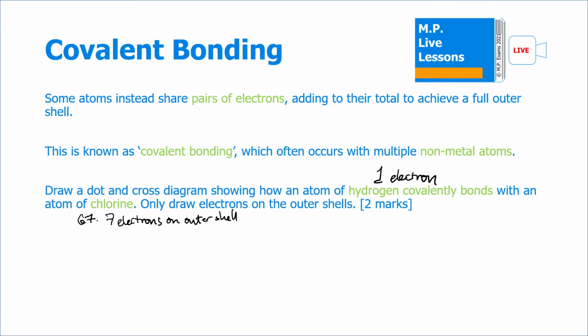Now that we know that, we'll draw our atoms in the middle. So for both atoms, you'll need to draw their elements, and then just 2 circles that just about overlap each other.